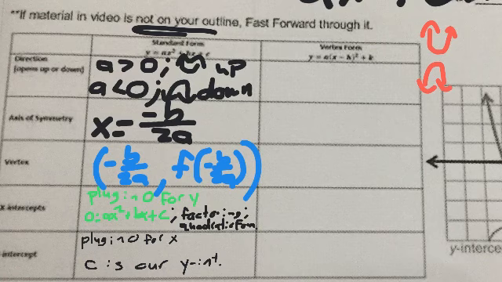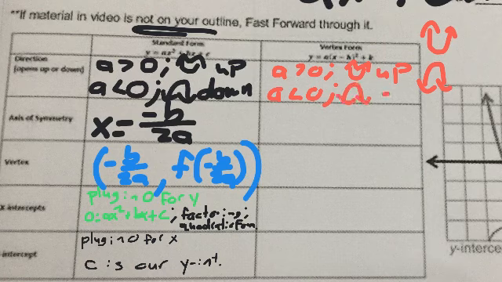How did a reflection happen? Well, the number out front had to be negative. So this fits the same criteria as the standard form. If my a is greater than 0, it's facing upward. That means there was no reflection. If my a is less than 0 or negative, that means we reflected the graph and it is facing downward.